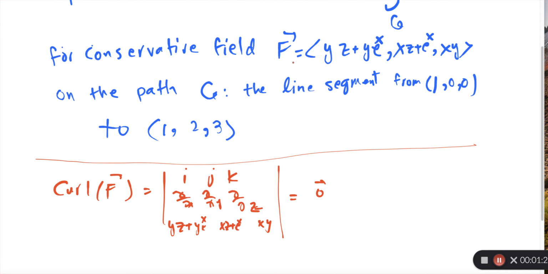And since F is defined in the entire R3, we're all good. And so that's the check for the conservative. Is it really conservative?